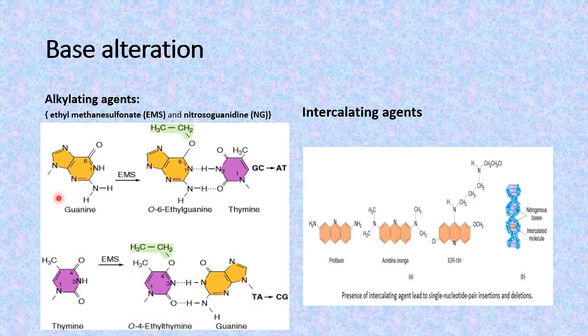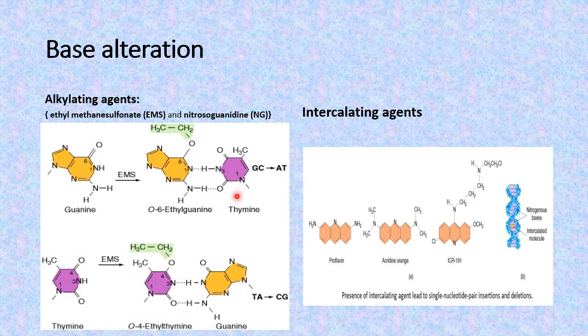So in this manner, changing the basic chemical structure of the nitrogen base of a nucleotide leads to alteration of the base. That is, it leads to mutation.